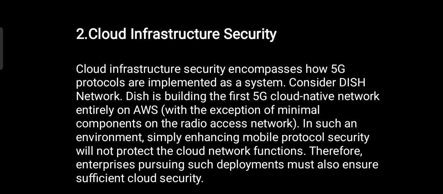Second is cloud infrastructure security. Cloud infrastructure security encompasses how 5G protocols are implemented as a system. So consider Dish Network. Dish is building the first 5G cloud native network entirely on AWS, with the exception of minimal components on the radio access network.